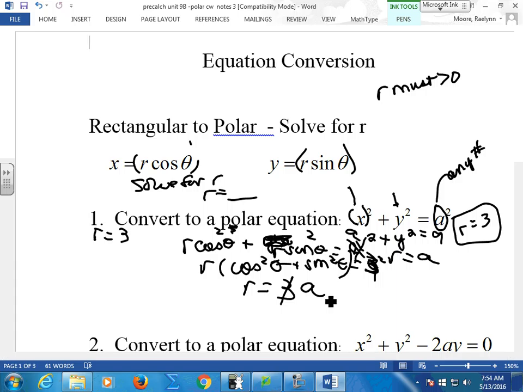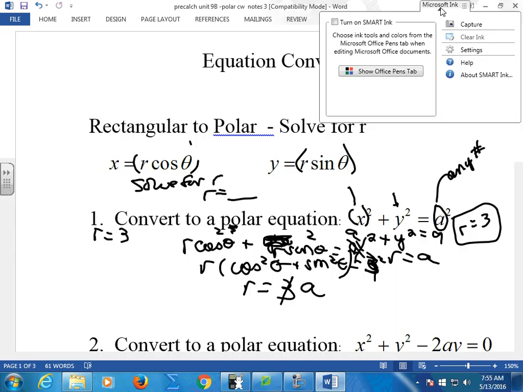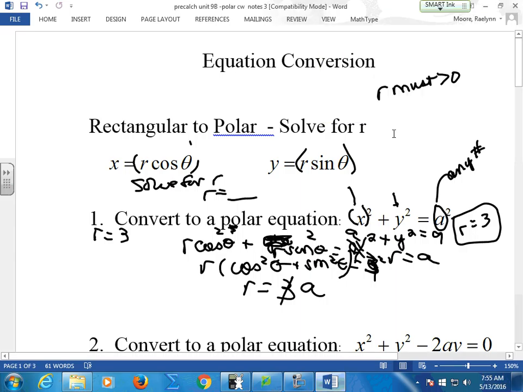Wait. The original problem said a, but I didn't want to use an a to solve it because I wanted you to see that it comes out like a circle. No, I have that, but how did you take the square root? No square roots. I didn't take a square root. What we did here was we said, you have to give me r equals.